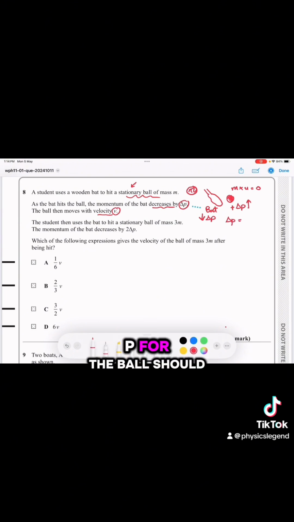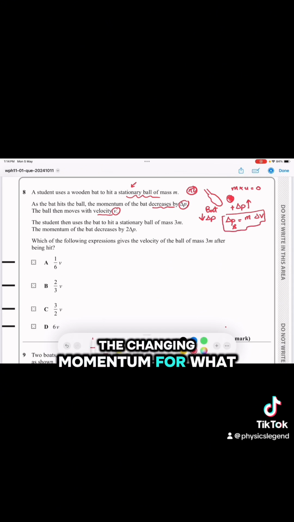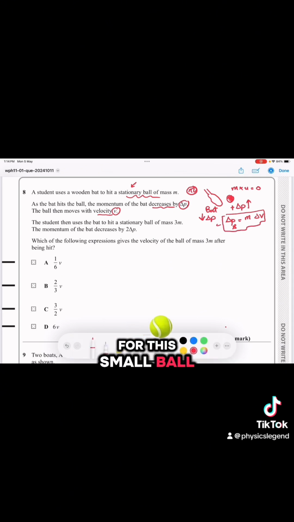So the delta p for the ball is m, the small ball, times delta v, because there is a change in velocity. So this is the change in momentum for this small ball, the first scenario.